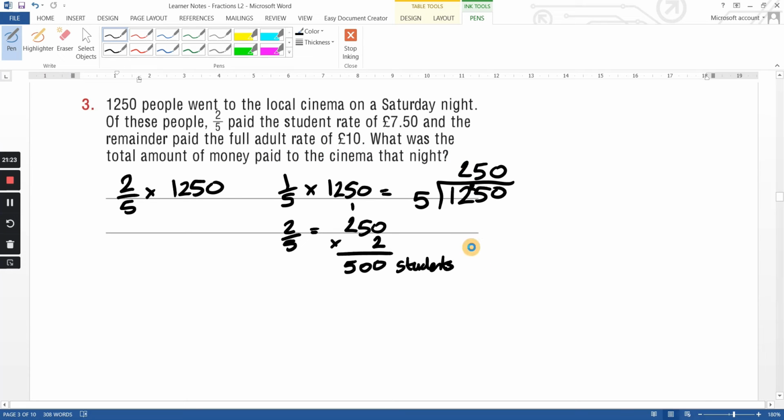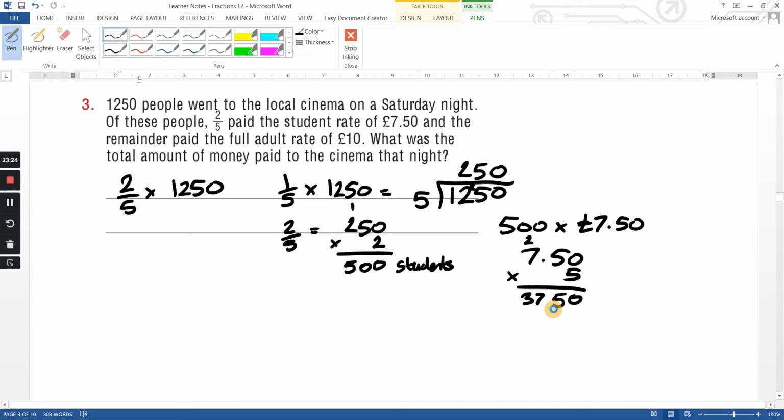Okay, let's work out 500 times £7.50. So I've got to do 500 times £7.50. I think this is on the calculator paper, but let's just work out, let's do £7.50 times by 5 first, separately. That's going to give me 5 times 5 is 25, carry the 2. 7 5s are 35, plus the 2 is 37.